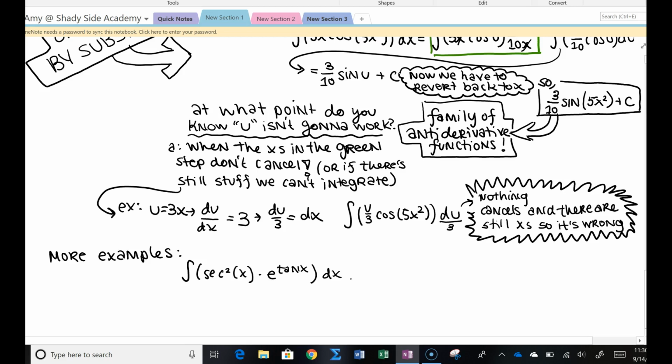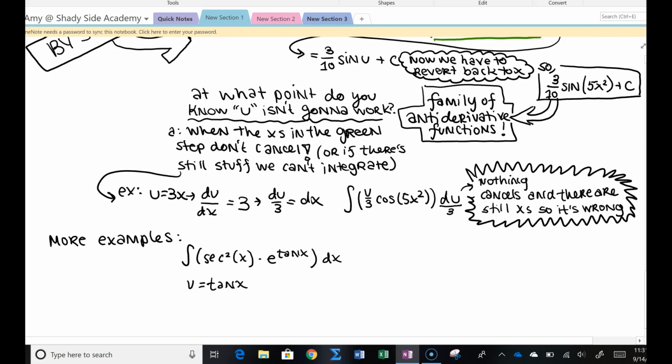I already suck at this. Do you plug it in for tan x? I don't know. That's what I'm gonna try. I'm not very good at this already.